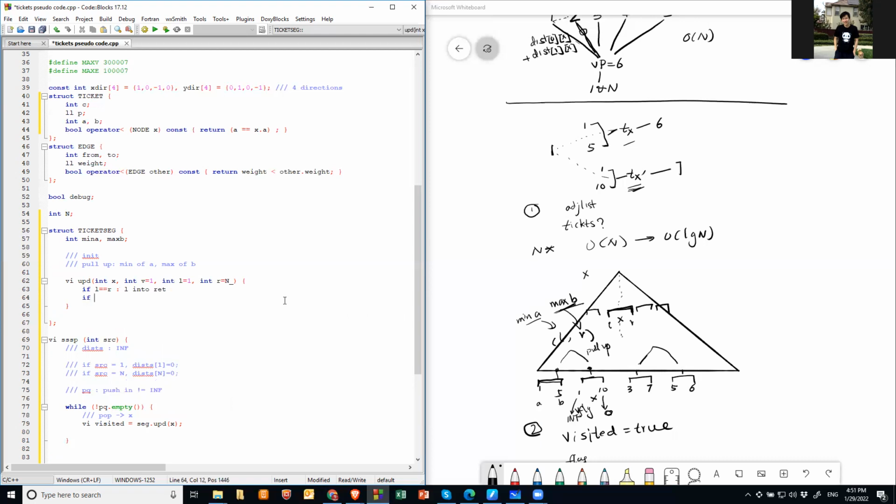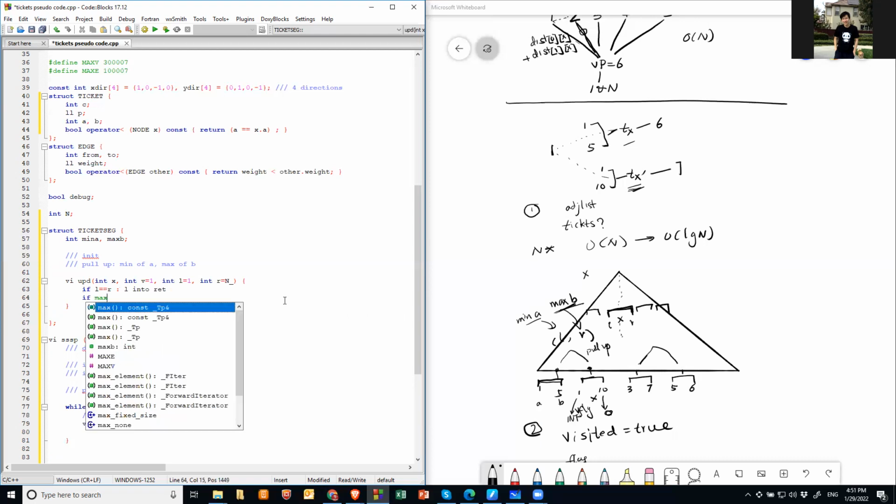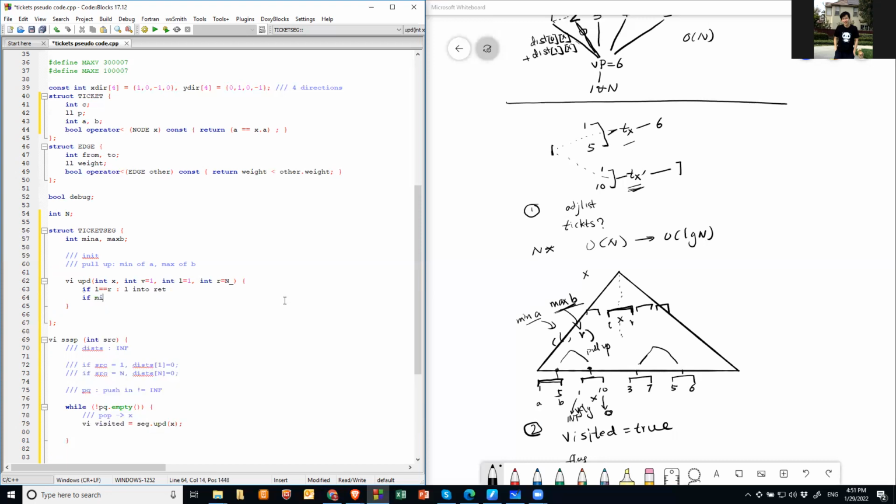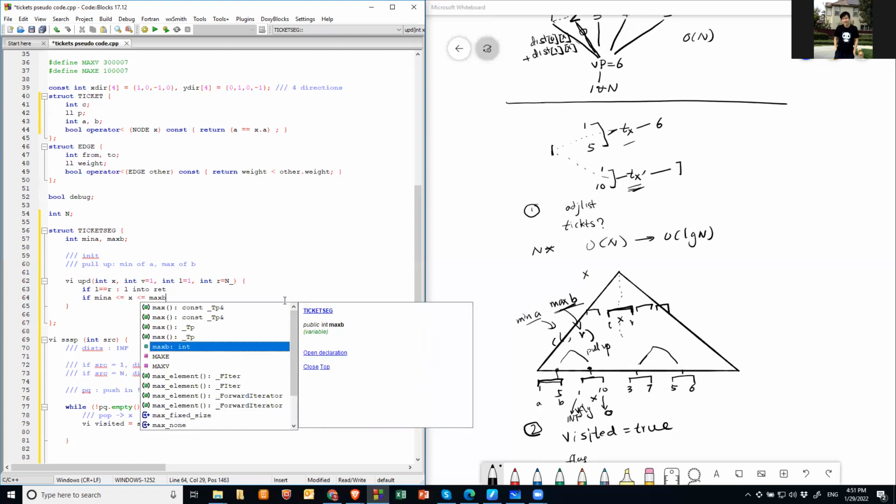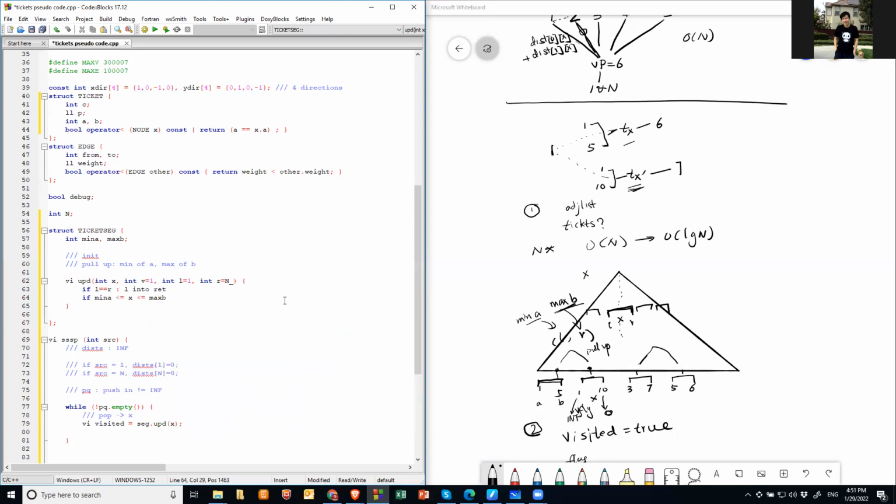And then if it's within range, right? If max X B, then you go down the tree, right? Else you don't do anything.